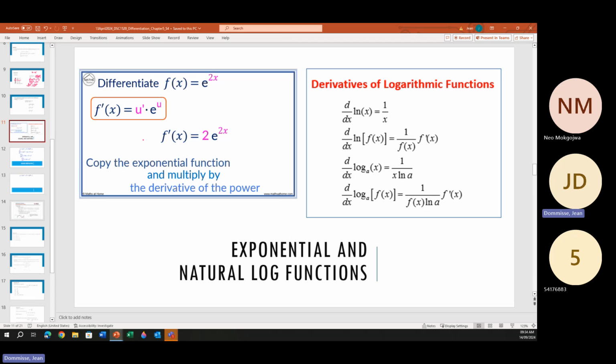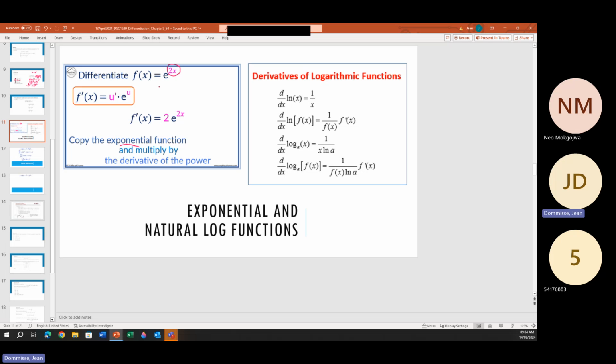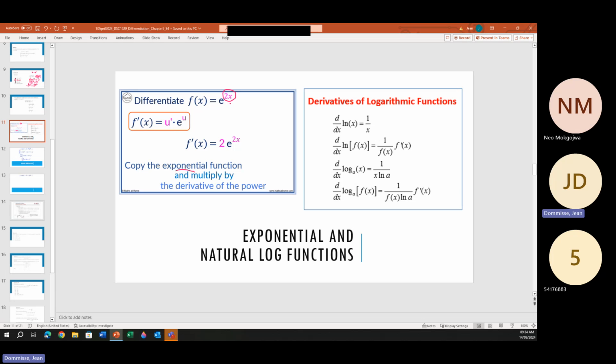So the easier one to look at is your exponential function. What we do with the exponential function is we will basically say, e to the power of what we will have, we will rename that exponent to a function.